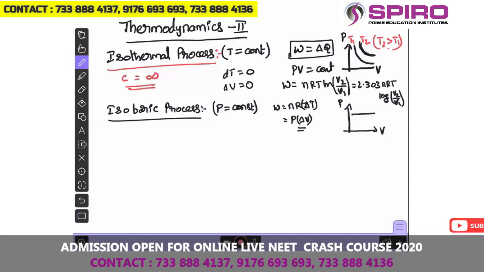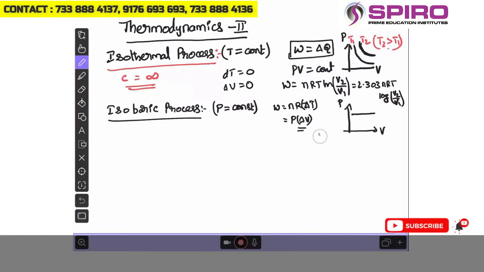It comes like this. The process equations are P by T or V by T is equal to constant.